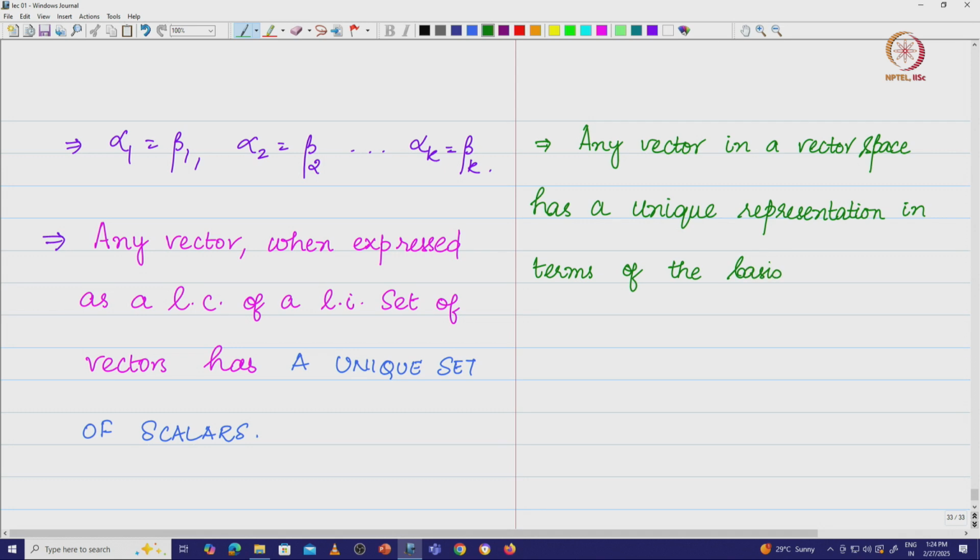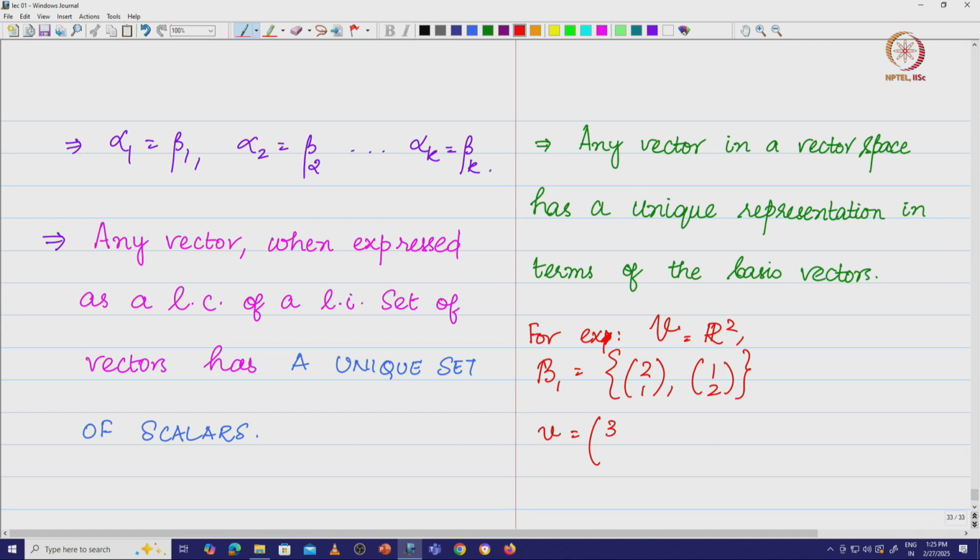In terms of the basis vectors, right. For example, suppose the vector space is R2 and I look at basis B1, which is (2, 1) and (1, 2). Now suppose I take this vector V, which is equal to (3, 3).